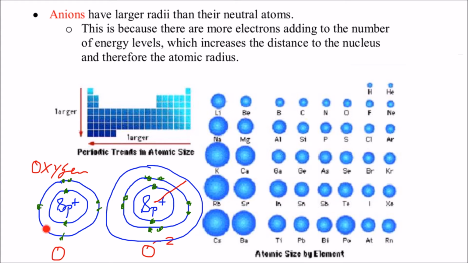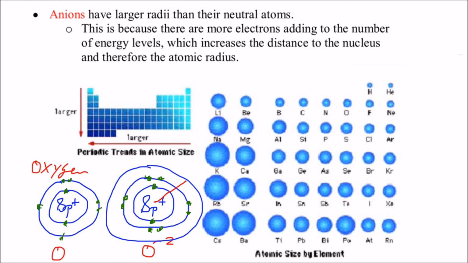Here, the number of electrons perfectly matches the number of protons, so they're evenly balanced and they're stuck here. Over on this side, the electrons are winning the game of tug-of-war, if you will, and that allows them to get further away from the nucleus.